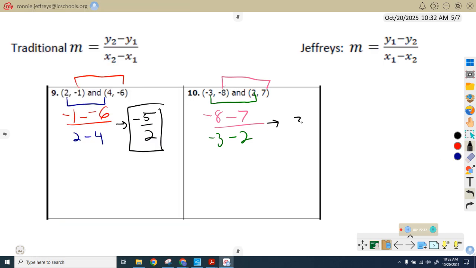Should get 3. All right, are we good with 9 and 10?